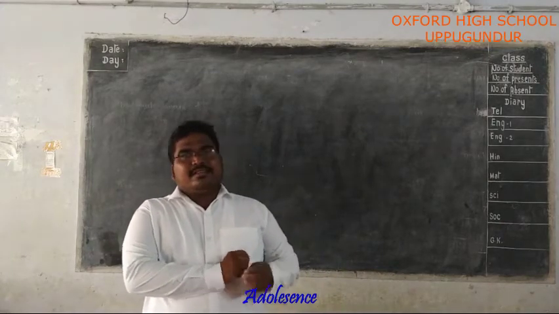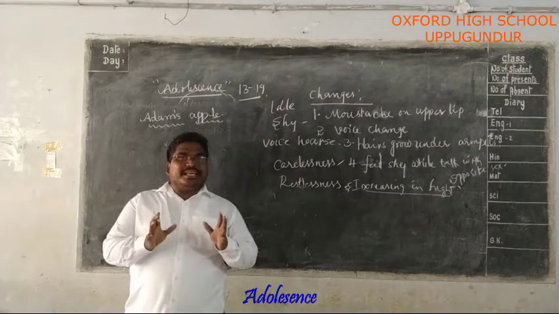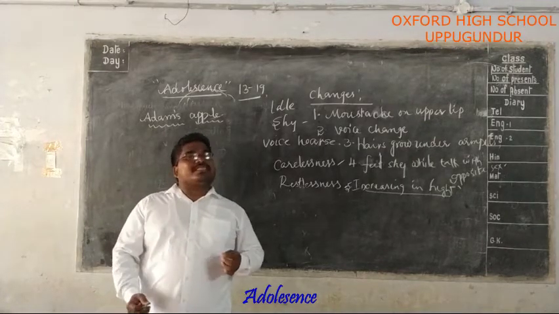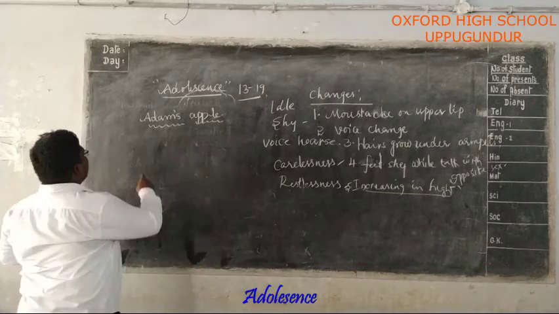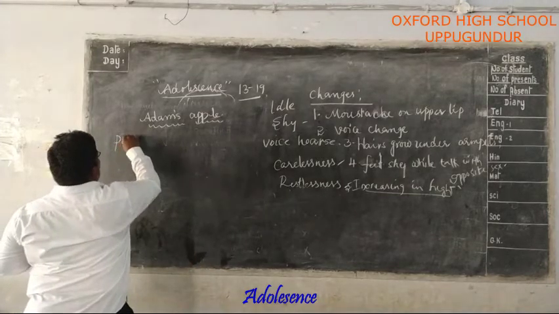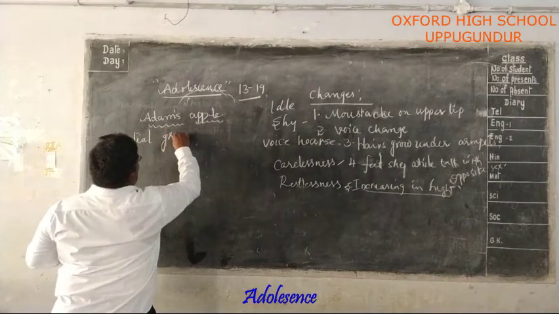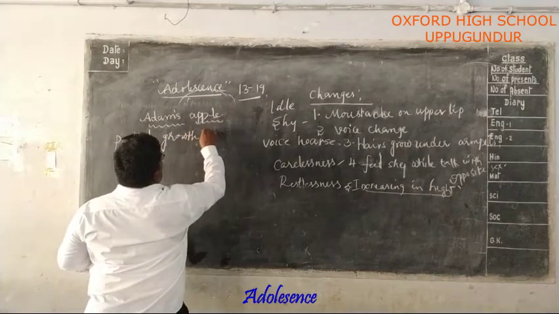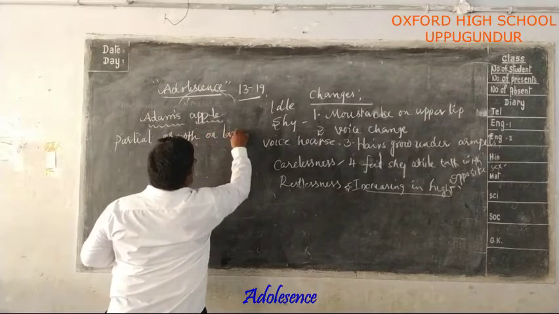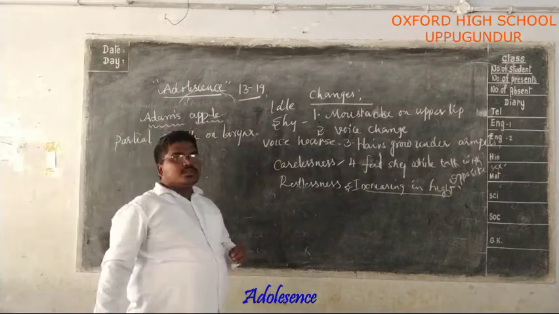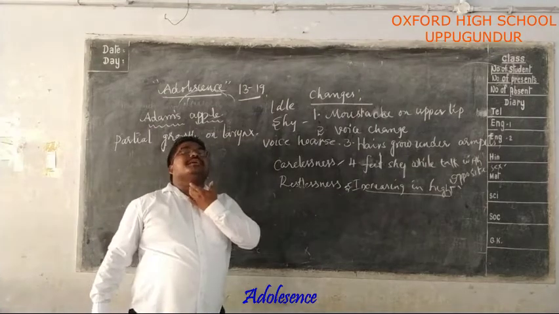Welcome to our class. Adam's apple is a partial growth on our voice box or larynx. The larynx is present in the throat.